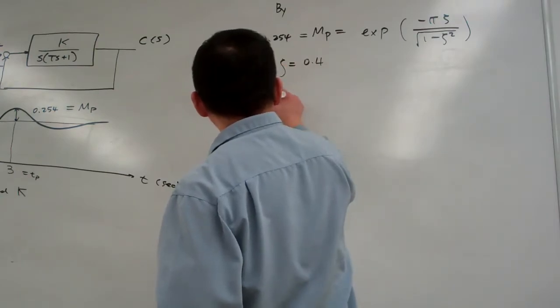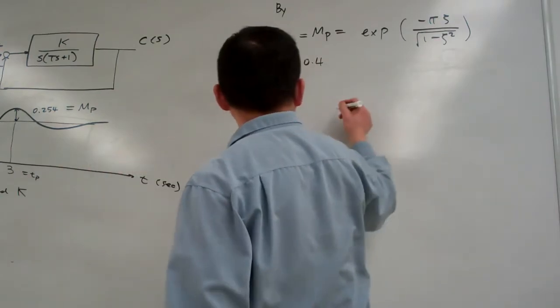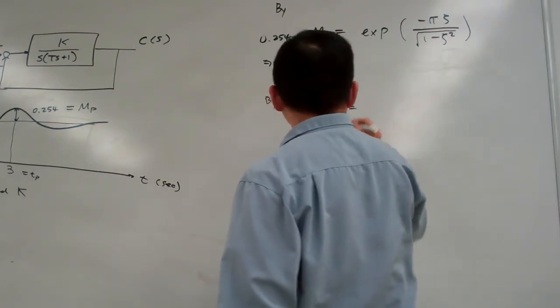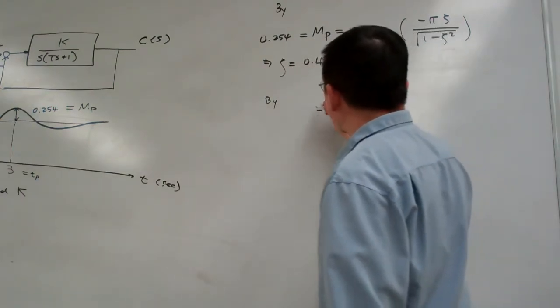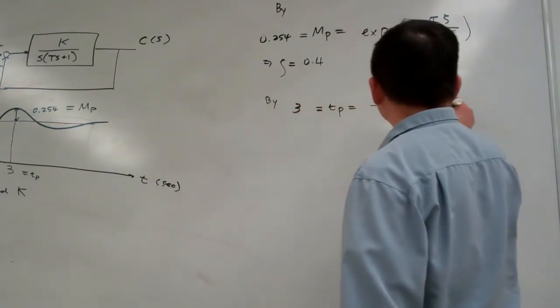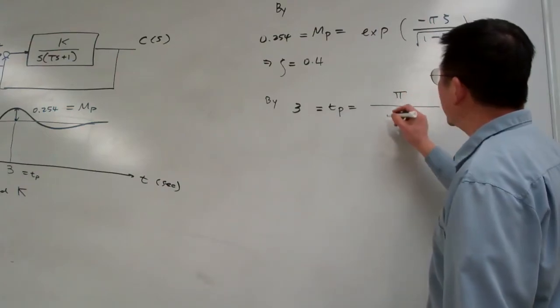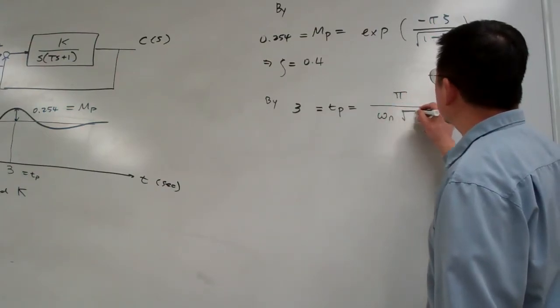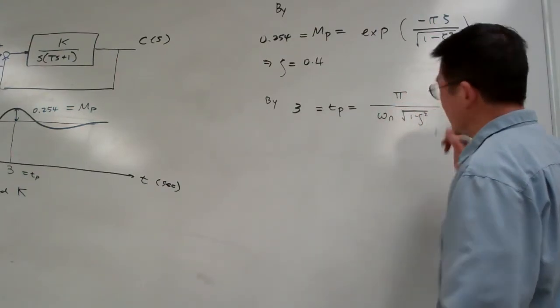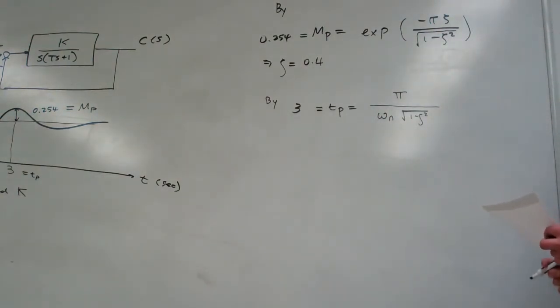Also by this information, Tp equals 3 seconds, and our formula is pi divided by omega n times the square root of 1 minus zeta squared.